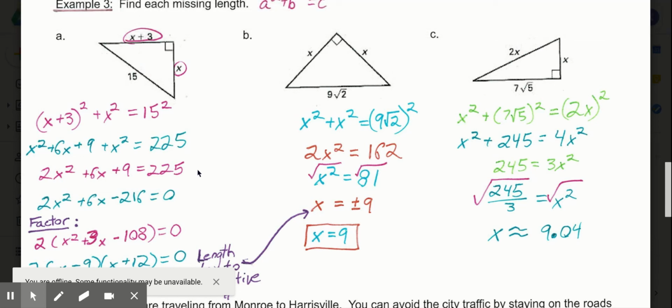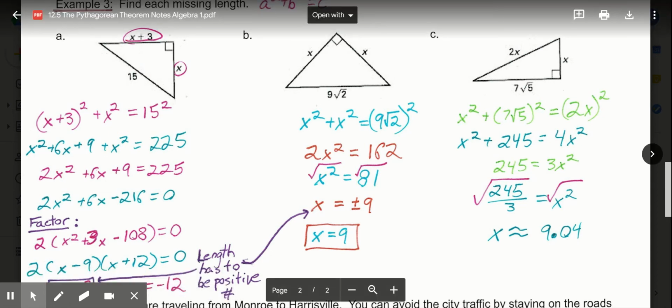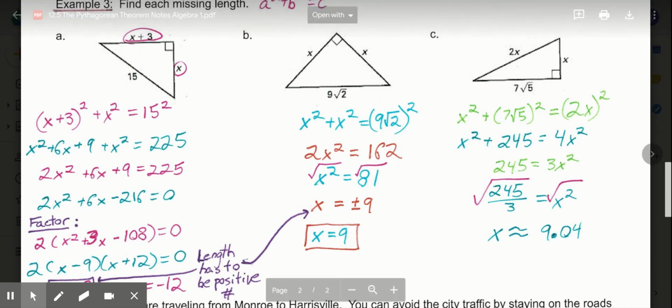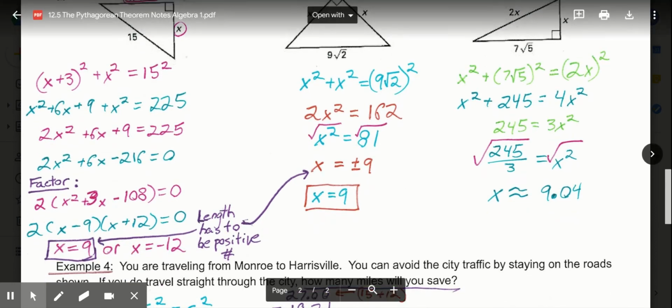And to solve our quadratic, we need to get it equal to 0. So we'll subtract the 225 from each side, and we end up with 2x squared plus 6x minus 216 equals 0. Now we want to factor this trinomial. So the first thing we can do is divide everything by 2.